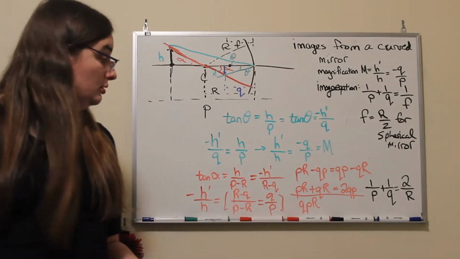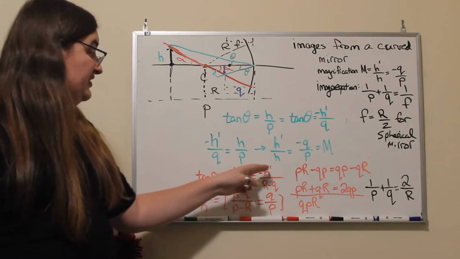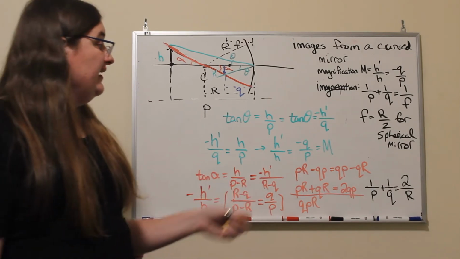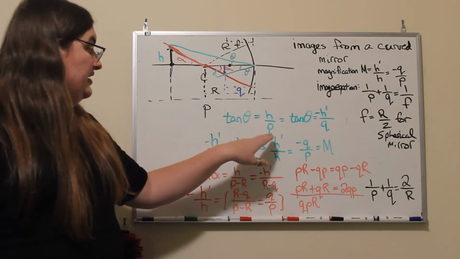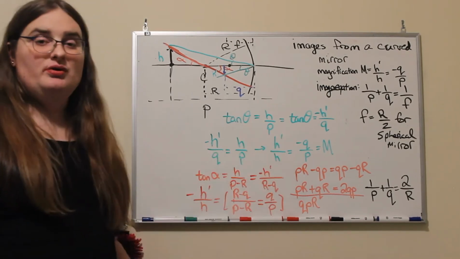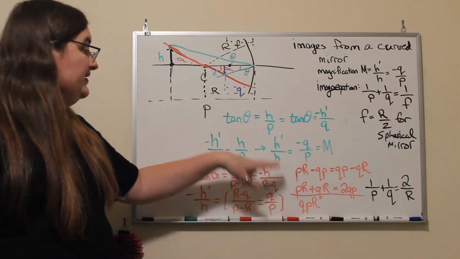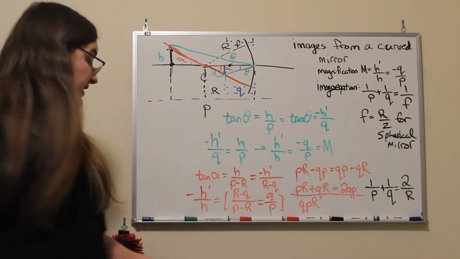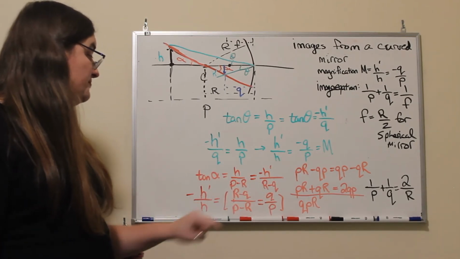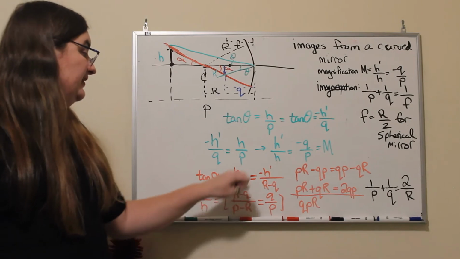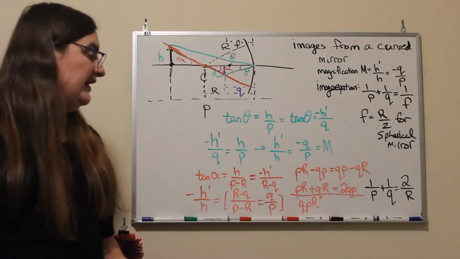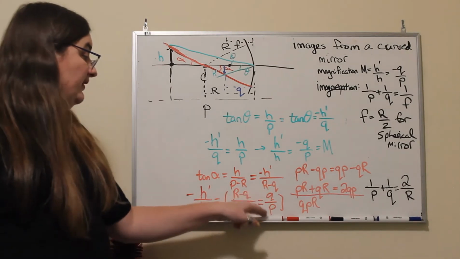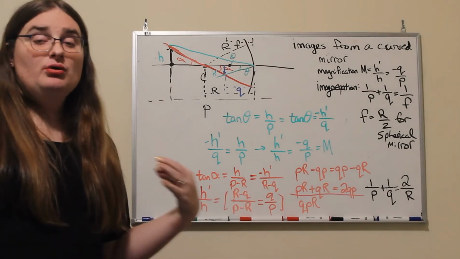Well, if I want to get rid of h and h prime, I can do that using my magnification equation. h prime over h is minus q over p, so q over p then would be minus h prime over h, and minus h prime divided by h is going to be equal to R minus q divided by p minus R. And that's equal to q over p.